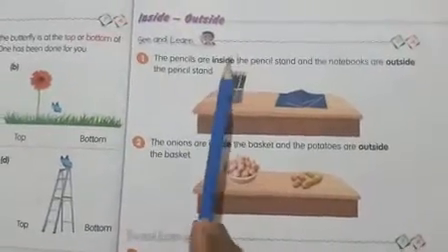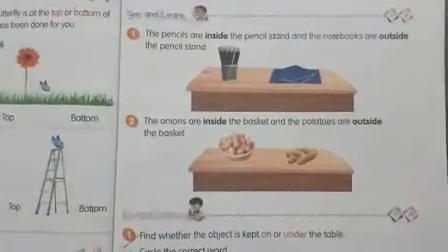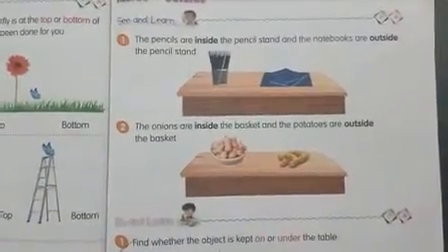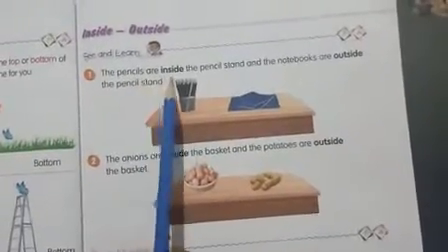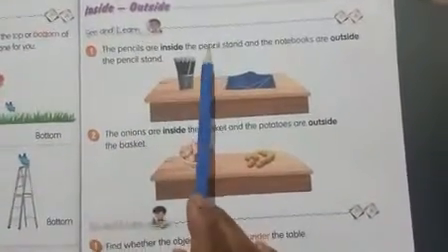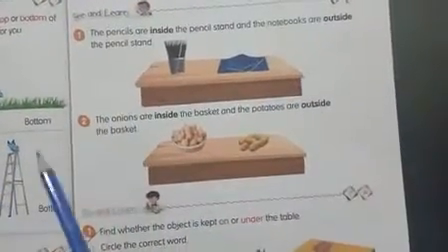The third category of words are inside and outside. Inside means inner side, outside means outer side. The pencils are inside the pencil stand and the notebooks are outside the pencil stand. Okay?